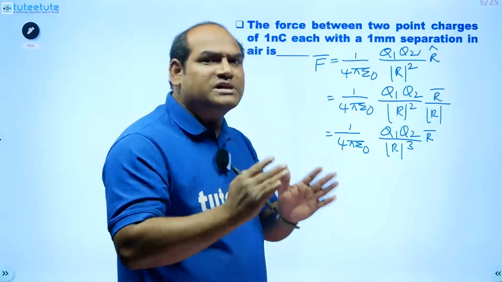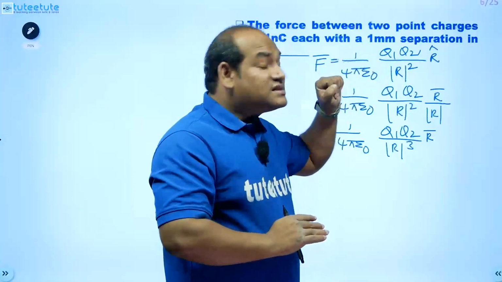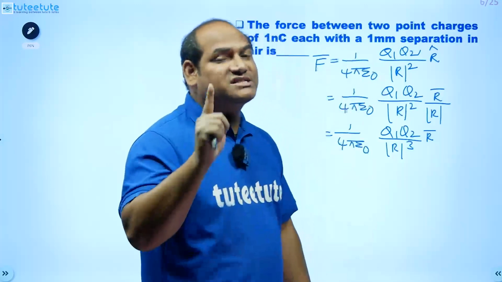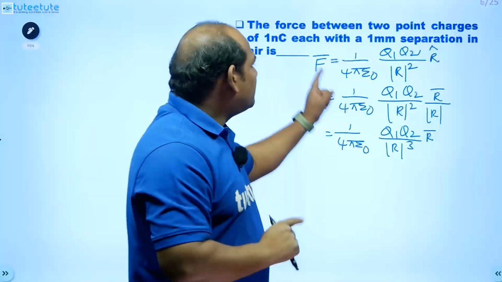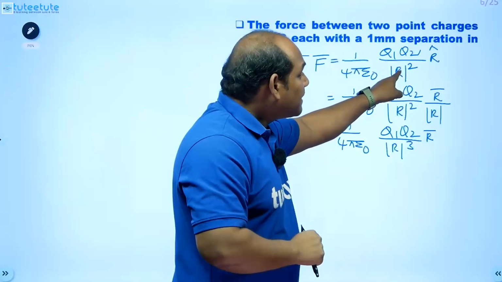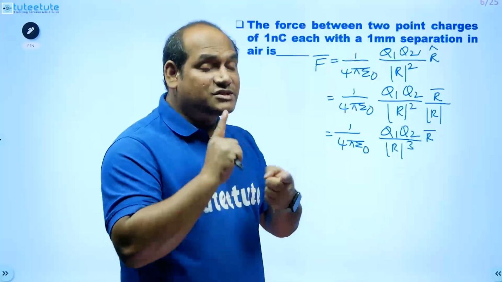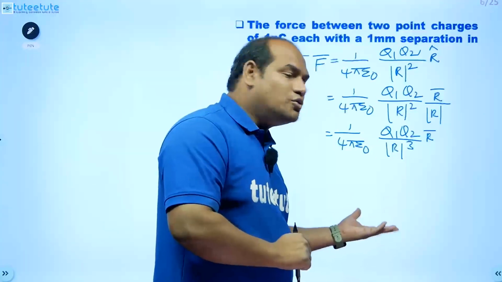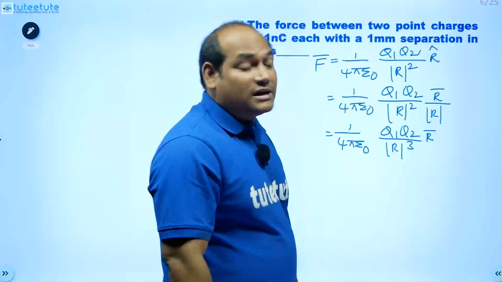If you see Coulomb's law definition, the force is proportional to the product of the 2 charges, and inversely proportional to the square of the distance only. In the definition, it is given as the square of the distance only. By modifying the formula, you may see the cube of the distance, but this one we should not use in the calculation, where you don't have the unit vector.